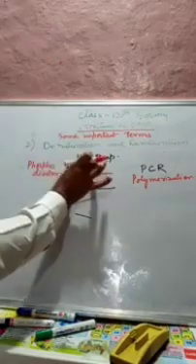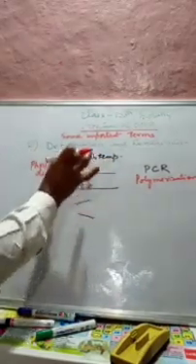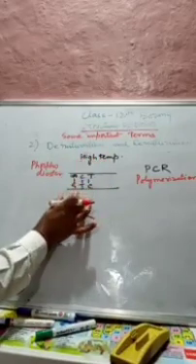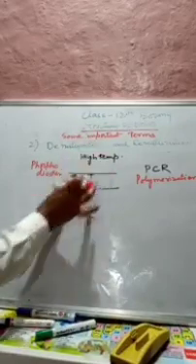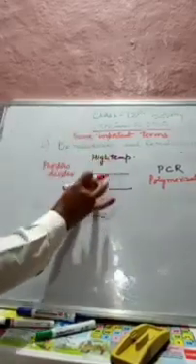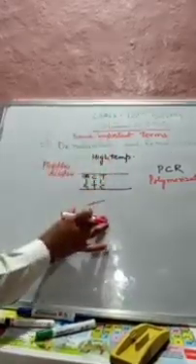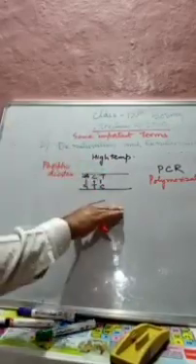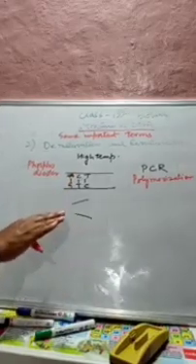So we have to give a controlled, specific temperature at which the two DNA strands get separated. But if we give a much higher temperature, the skeleton, the structure of the DNA, will get damaged.